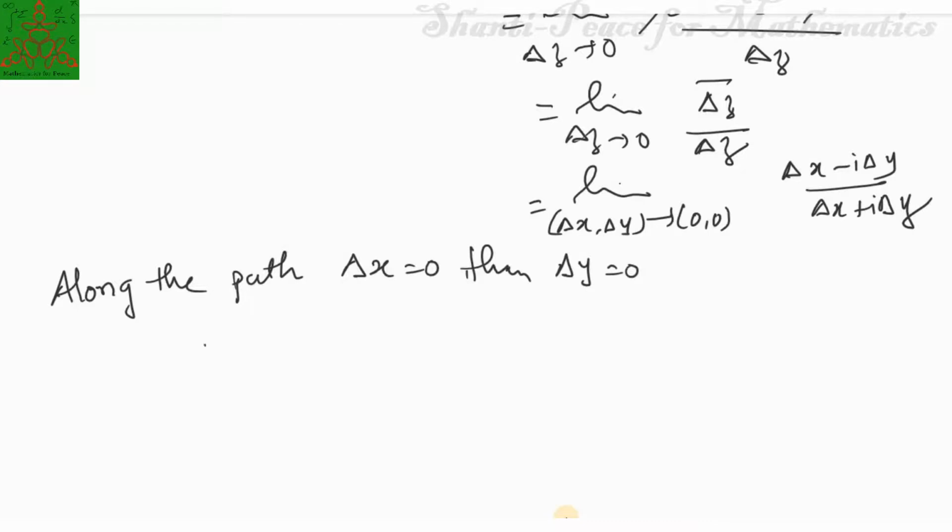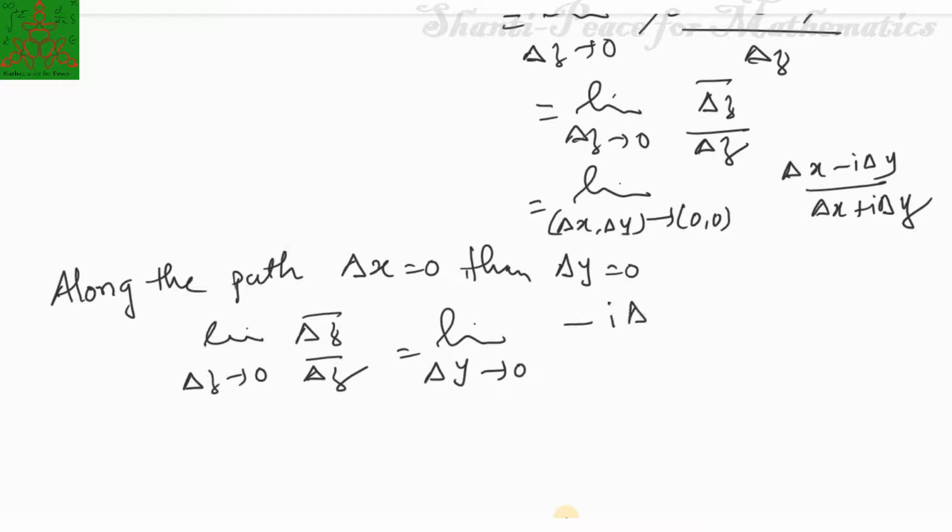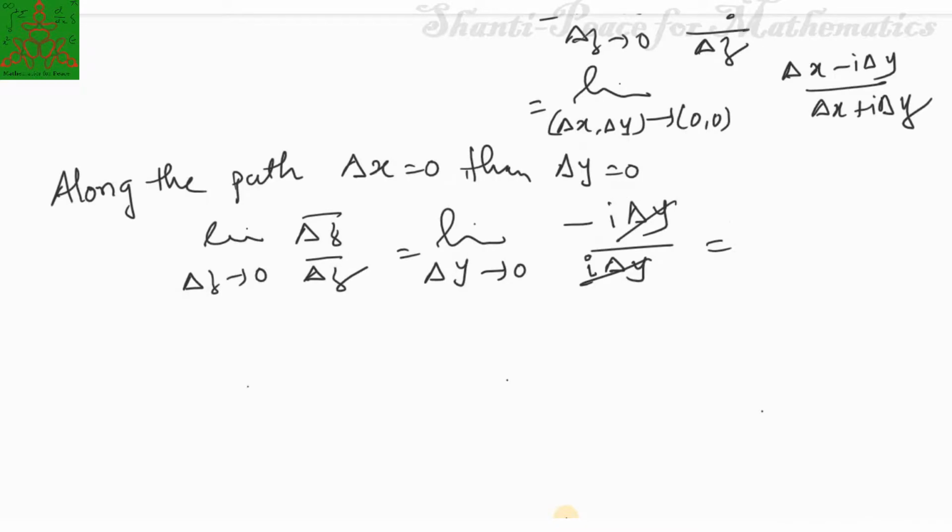So we'll have the limit of delta z bar upon delta z as delta z tends to 0, which gives you the limit as delta y tends to 0 of minus i delta y upon i delta y. So delta y gets cancelled out, equal to minus 1.